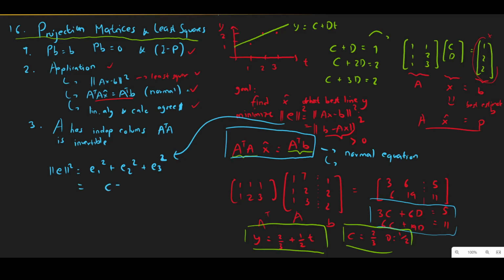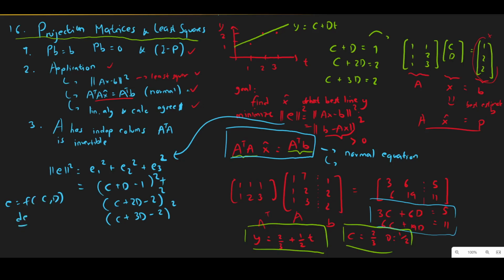So this will equal (c plus d minus 1) squared plus (c plus 2d minus 2) squared plus (c plus 3d minus 2) squared. And how do you minimize e in calculus? e is a function of c and d.